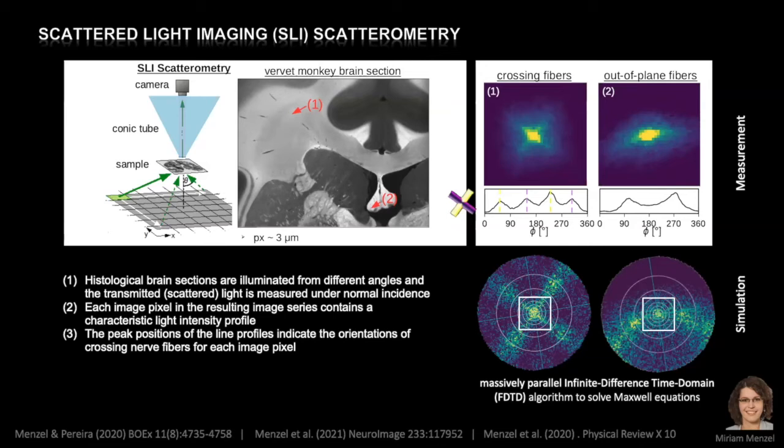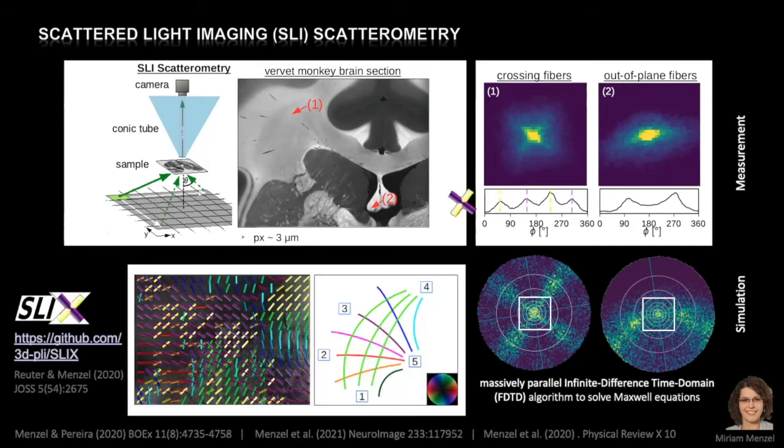And within these 3 micron, you can have a good estimate on the number of different crossings and the crossing angles. This has been described widely now, and we are currently also setting up a system which combines 3D PLI technology and this kind of scattering in one device, so that we can really do the same measurement.